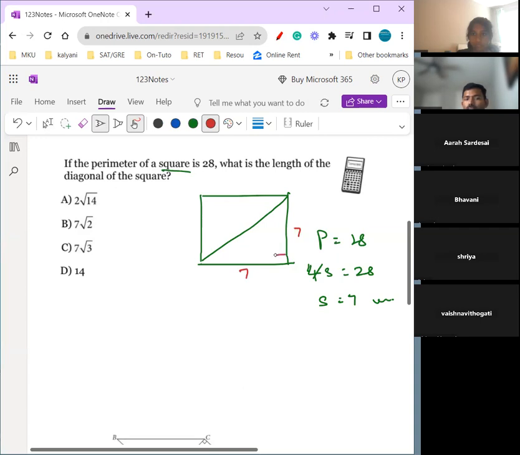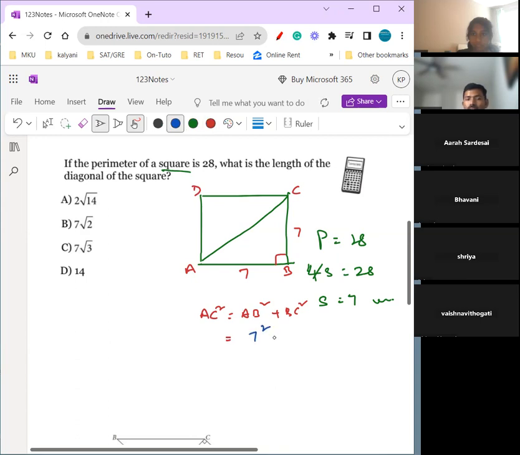one thing you can always think of is the Pythagorean theorem. I'm going to put some little letters to make it easy. AC square equals AB square plus BC square. You know AB is 7 and BC is also 7 because it's a square.